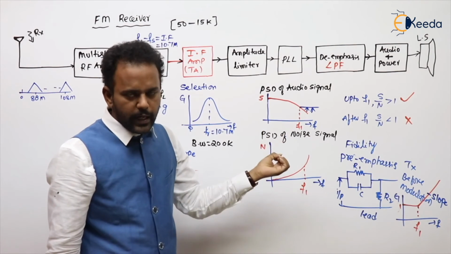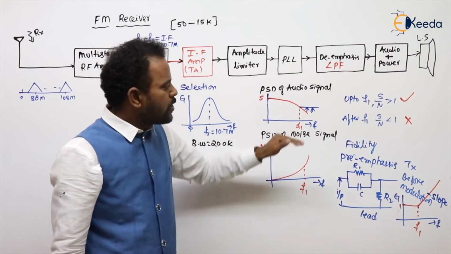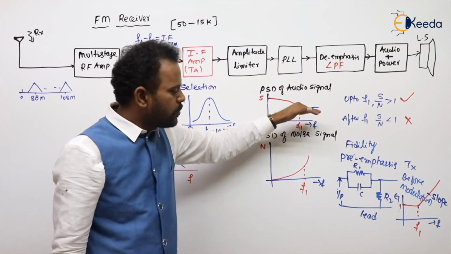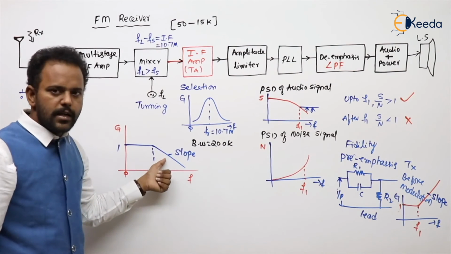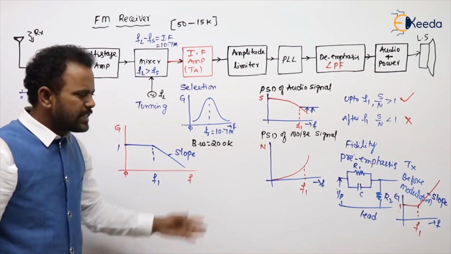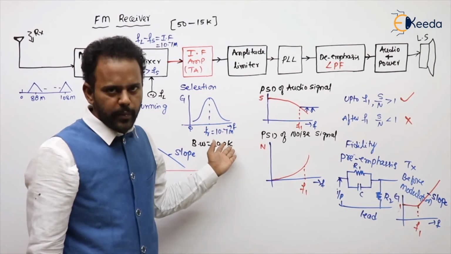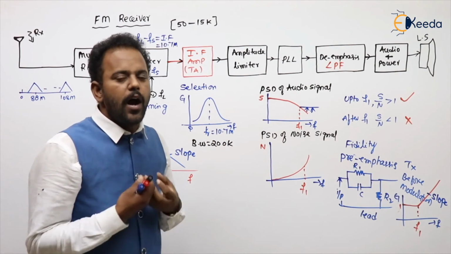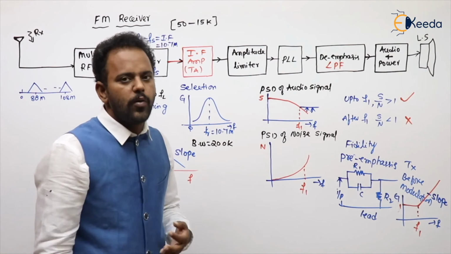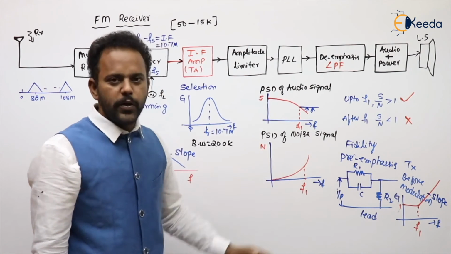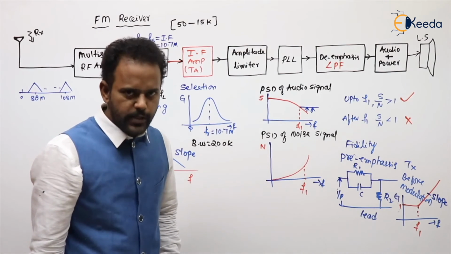Then we can reconstruct at the receiver. How much we boost is called pre-emphasis. The same amount of boosting is decreased after the demodulation, which is called de-emphasis. This was developed by the Dolby company. Because of pre-emphasis and de-emphasis, the audio or music quality will be excellent, because we are able to reproduce all the frequency components.